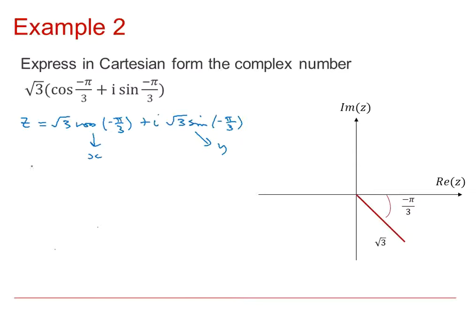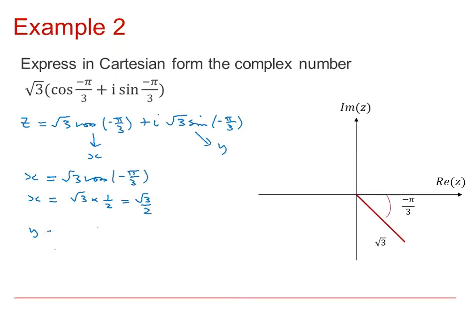I'm going to do them separately just so you can see exactly what's happening. But you could do them together. So x is root 3 cos minus pi by 3. So x is root 3 times a half, which is root 3 over 2.